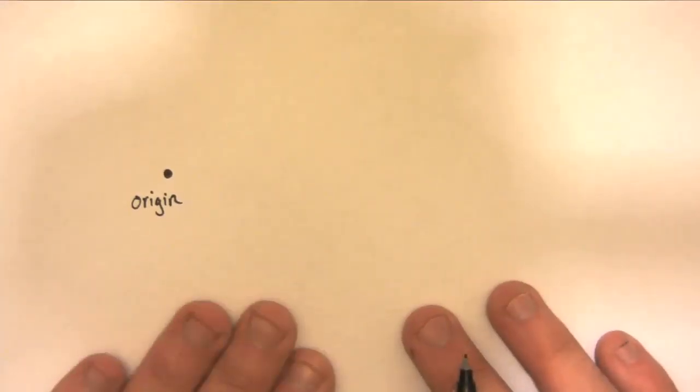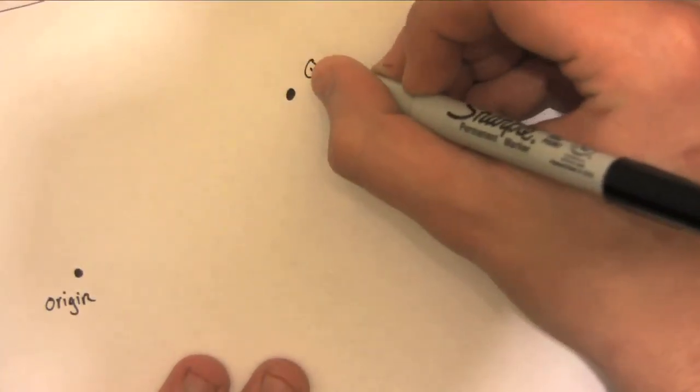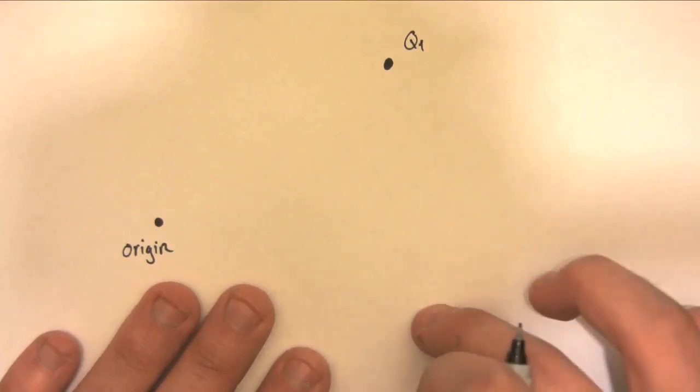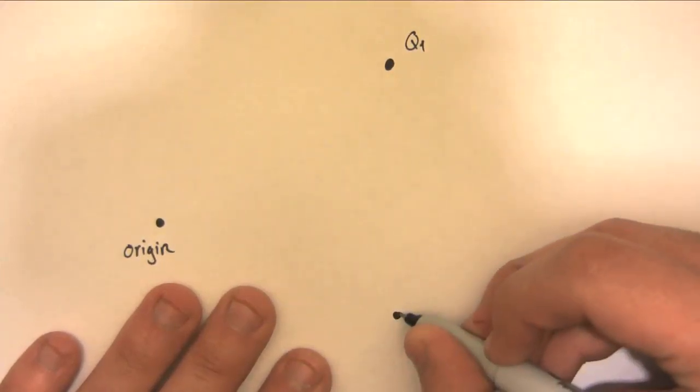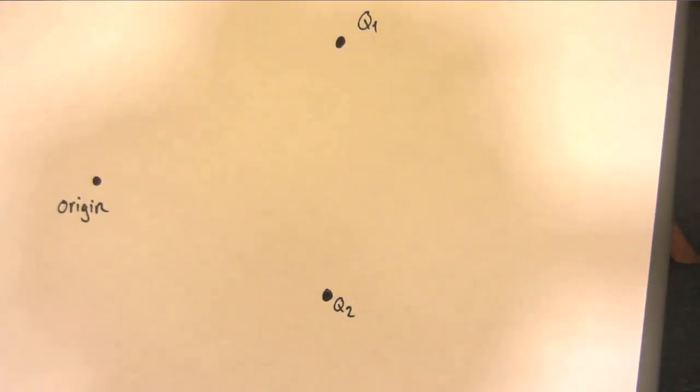Now, in this system that we're considering, we have two charges that are located some distance from the origin, and some distance from each other. So, consider these just arbitrary points. Let this be Q1. I'm going to put our Q2 down here. Q1 has some distance from Q2, although it also has some distance from the origin. Q2 also has some distance from the origin.